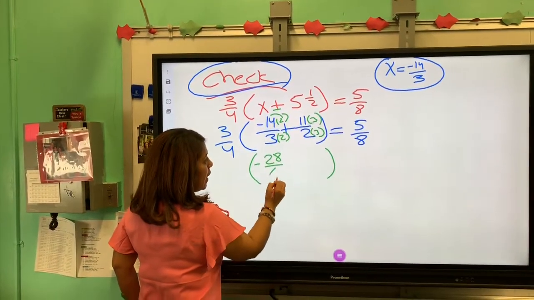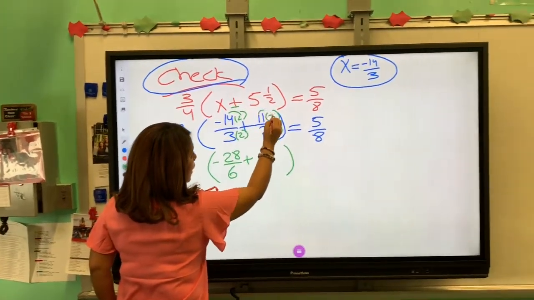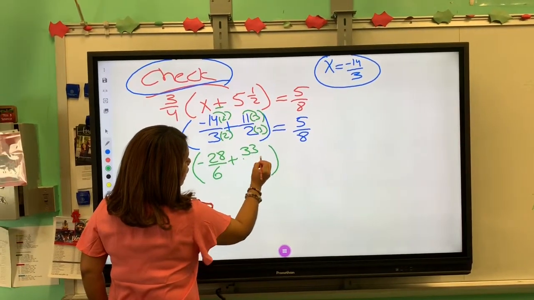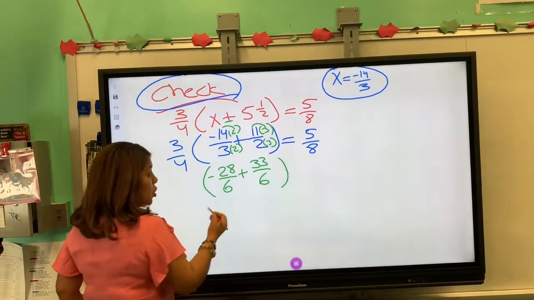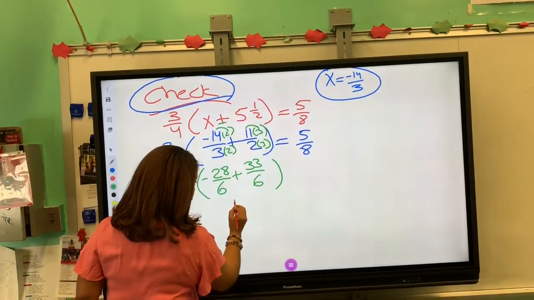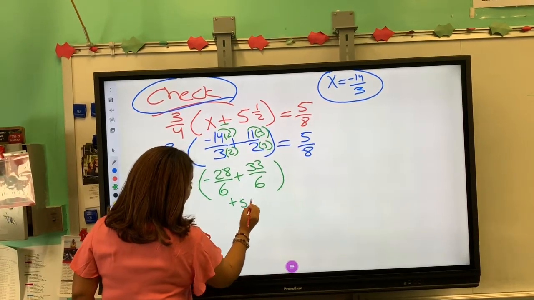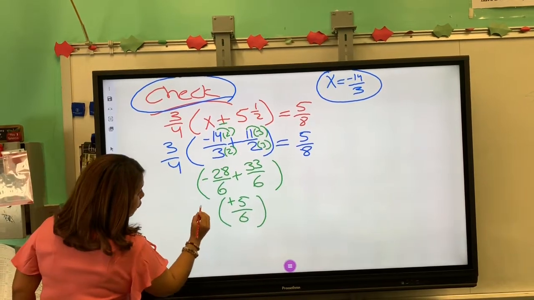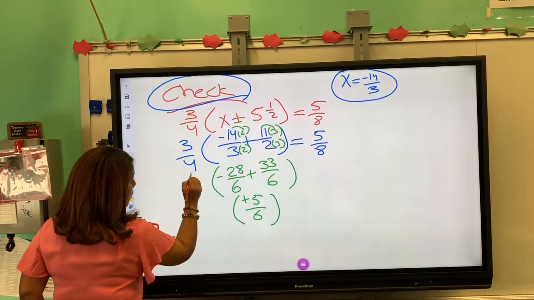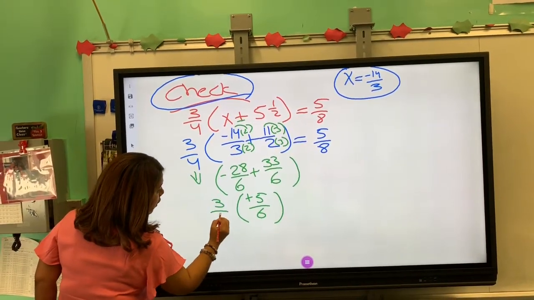So now 28, this will be 6, plus I have 33, and this will be 6. So I have the same least common denominator as you guys can see. So now 28 minus 33, that will give me equals to 5 over 6. And now what I'm going to do is multiply this times this term, which is 3/4.